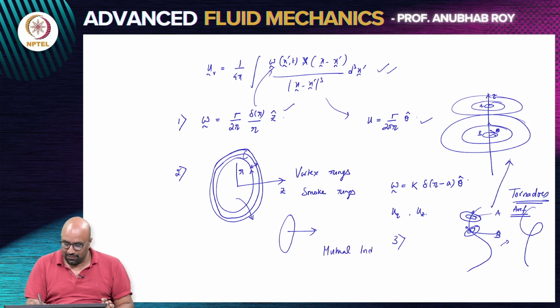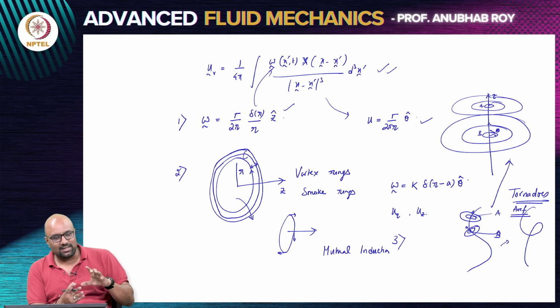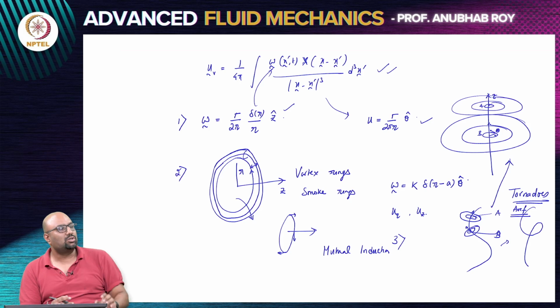So you have the fact that there are vorticity vectors which are not parallel to each other. Each of these small segments of vorticity would contribute velocity on the other segment, and the net contribution is that the vortex ring is going to move, it is going to translate.